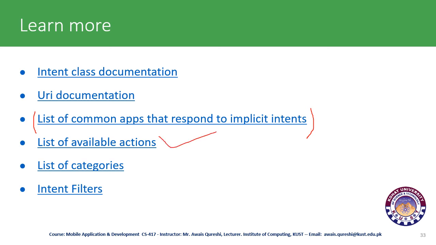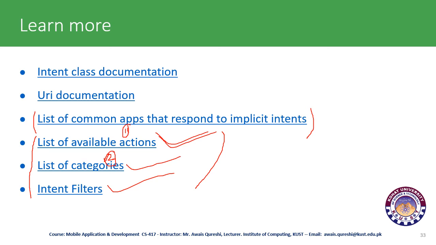Implicit intents or explicit intents always have actions, always have categories, and always have filters. So intents are a composition of actions, categories, and filters. These are the main building blocks of an intent.